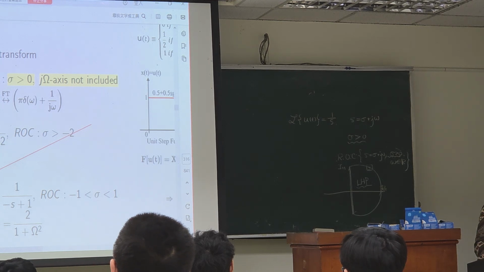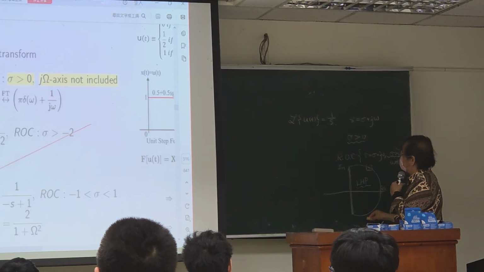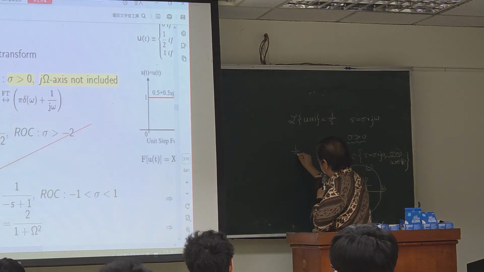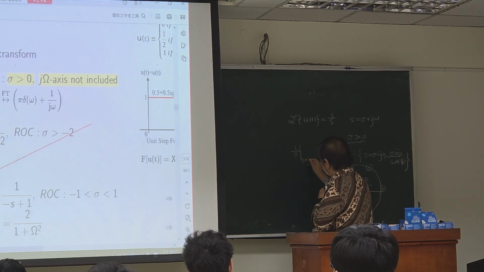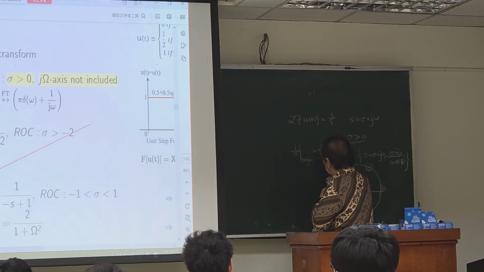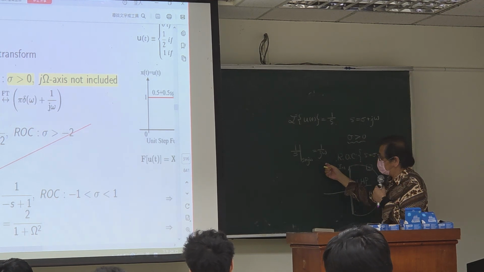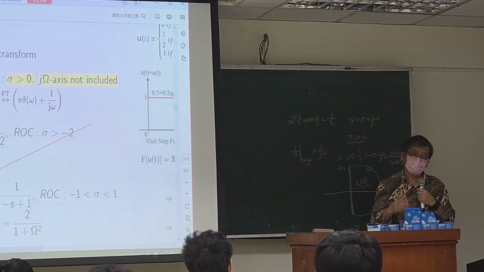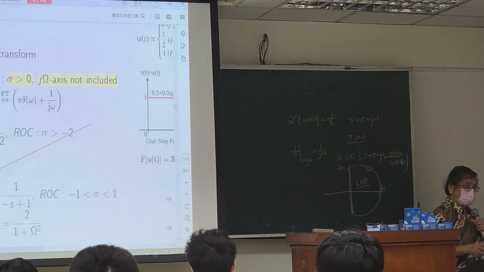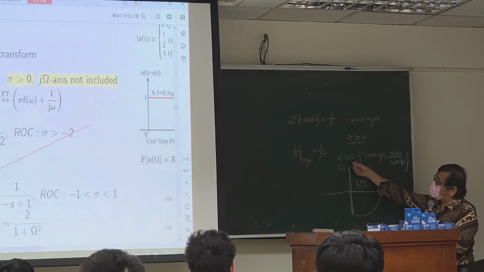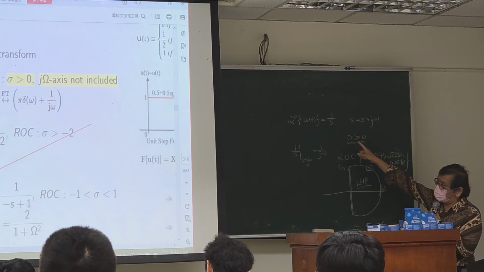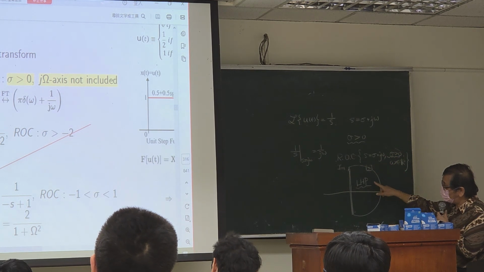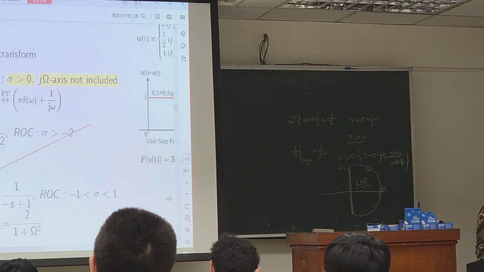Okay? So if you replace s by j omega, you have 1 over j omega, right? But this is not the Fourier transform of a unit step function, unfortunately. Why? Because the region of convergence for this Laplace transform of the unit step function does not include the j omega axis, which violates the condition we need.